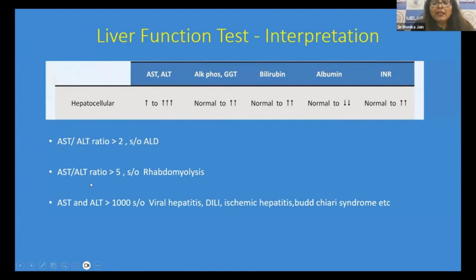And if the AST, ALT are more than 5 times raised, that means probably extrahepatic sources like rhabdomyolysis are the cause. And looking at ALT, AST more than 1,000, always suspect either viral, drug-induced, ischemic, or some biliary injury. So there are not many differential diagnoses. Looking at thousands of ALT, AST, suspect these causes.